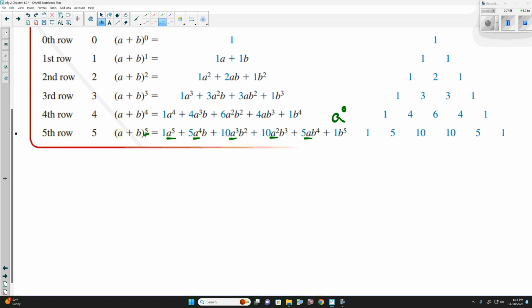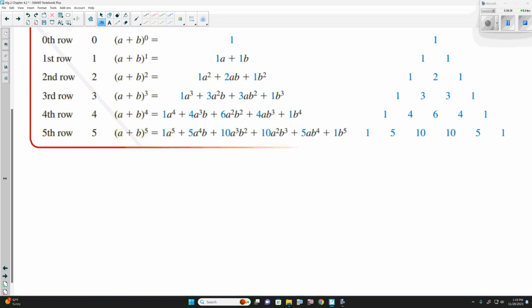Anything to the 0 power is 1. So we don't write a to the 0 because it's just a multiplication of 1. So it's not there. Interestingly enough, b for the first one here starts off at b to the 0, but it's also 1. And it increases in power. Because then we have b to the first, b squared, b cubed, b fourth, b to the fifth.